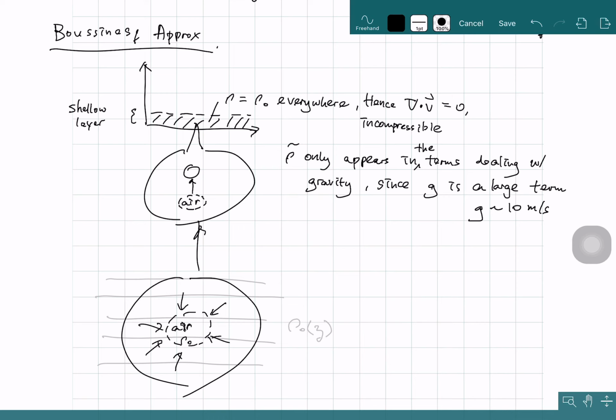It should be related to the pressure of the air here, but it's the same air. The buoyancy force should be given by the force that your air originally exerts inside this space. Here is P naught, and outside also P naught.